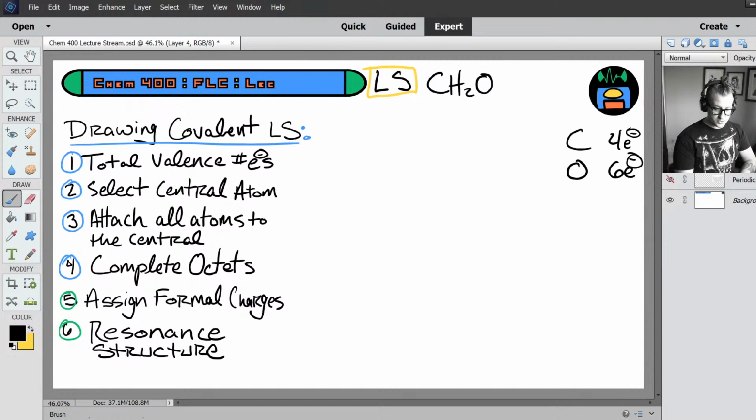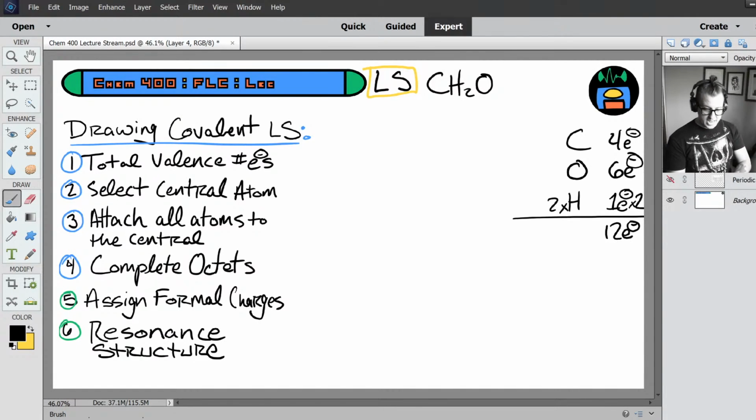Again, we're getting these numbers from the periodic table and the column that each element falls in. Hydrogen only has 1 electron, but we've got 2 of them, so we multiply that by 2. So now we've got 12 electrons in our budget. We have our total number of valence electrons.